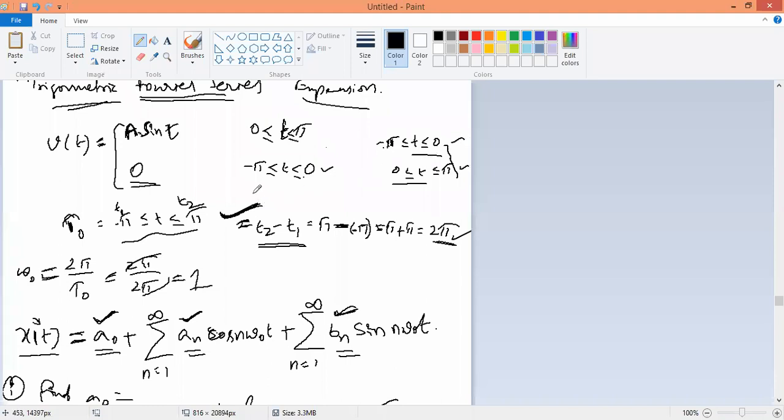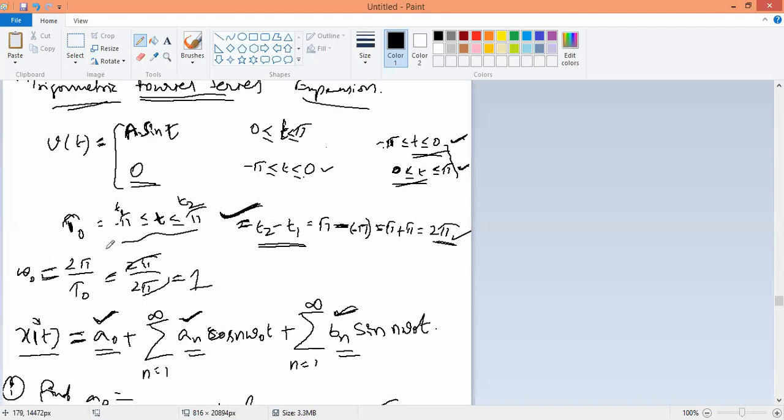See here, minus pi less than or equal to t less than or equal to 0 is the first interval, and the second interval is 0 less than or equal to t less than or equal to pi. Now, by combining these two, I am writing minus pi less than or equal to t less than or equal to pi.